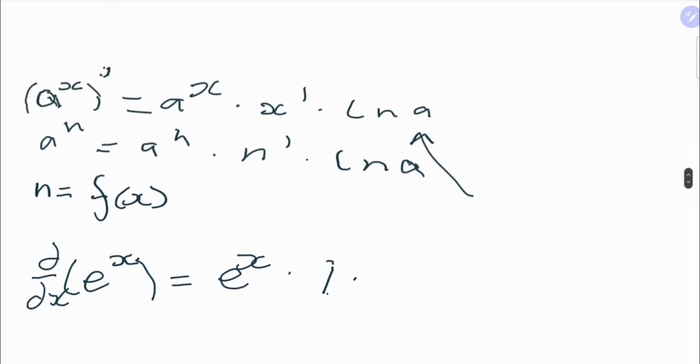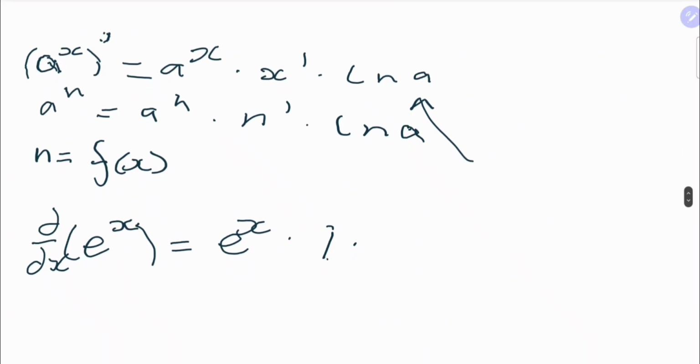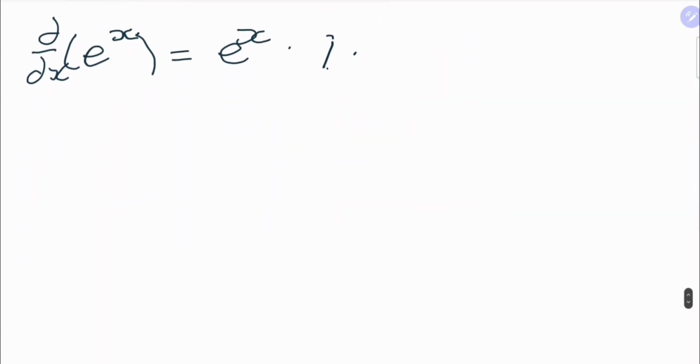We can plug it into the formula and get e to the x times the derivative of n, the function of x, in this case being x. It is 1, times the natural log of a, which is the constant base. The natural log of e is actually going to be 1. So we get e to the x times 1 times 1, or e to the x.